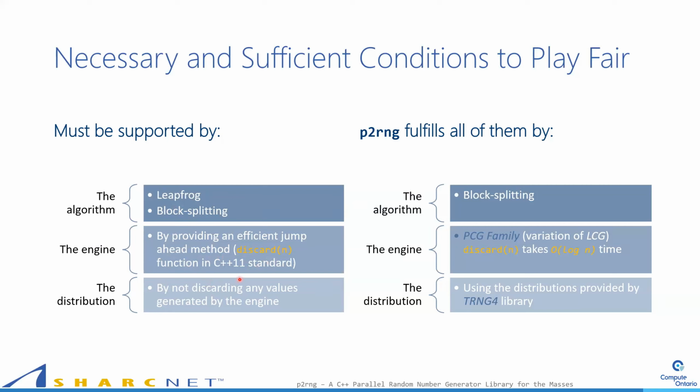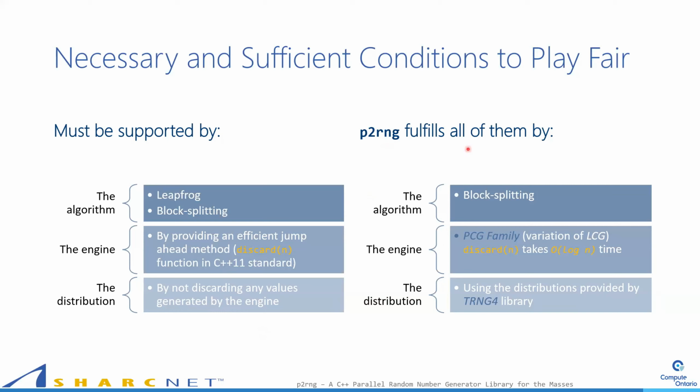Mersenne Twister, for example, doesn't support that, so it doesn't provide any discard function. And finally, even the distribution must support it by not discarding any values generated by the engine. It's common for some C++11 distributions to discard some of the values, and if that happens, you don't get the same sequence.